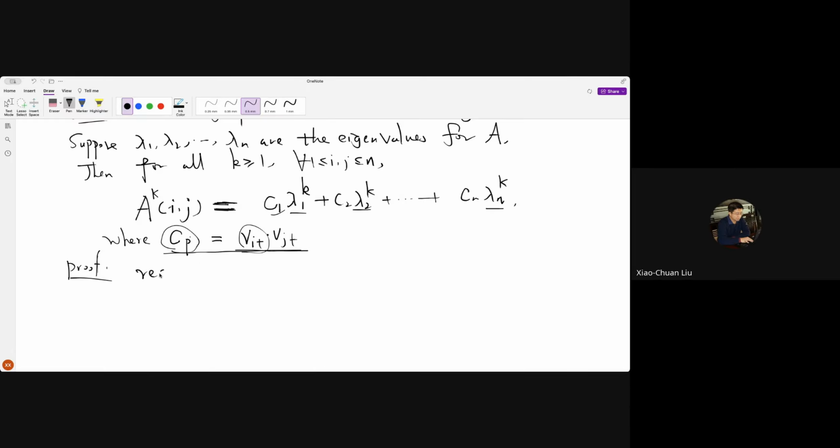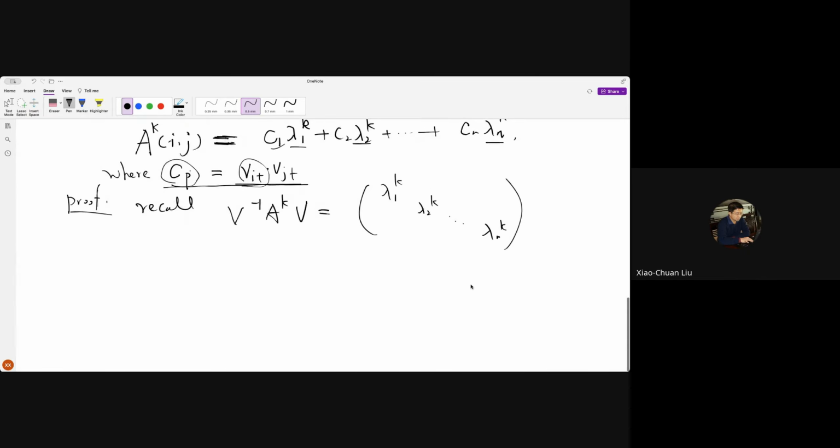To recall, we know that V inverse A to the power of k V is the diagonal matrix with lambda 1 to the power of k, lambda 2 to the power of k, and so on, up to lambda n to the power of k.